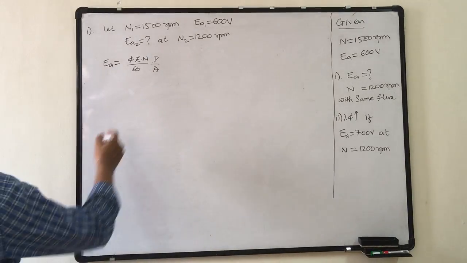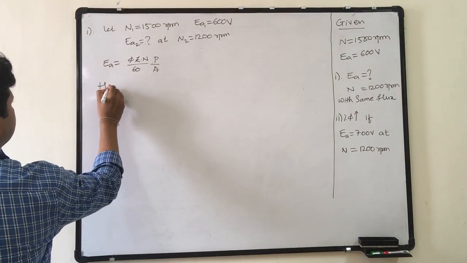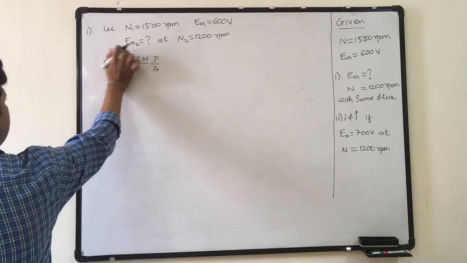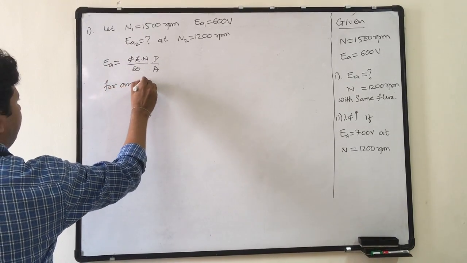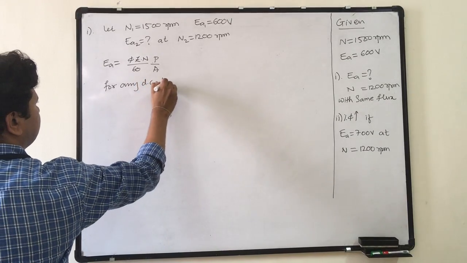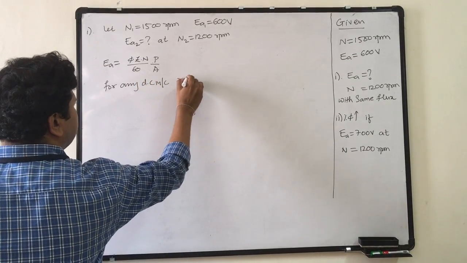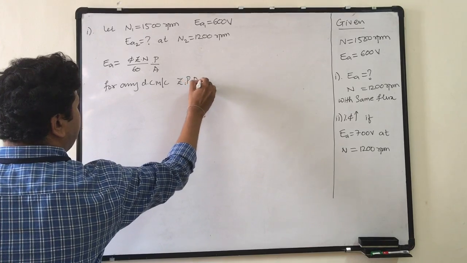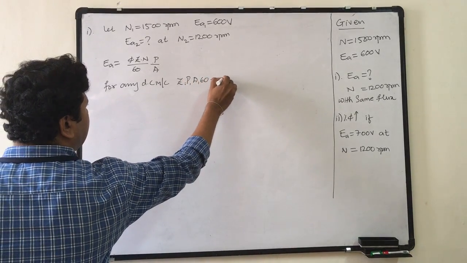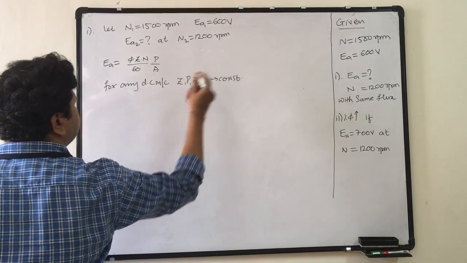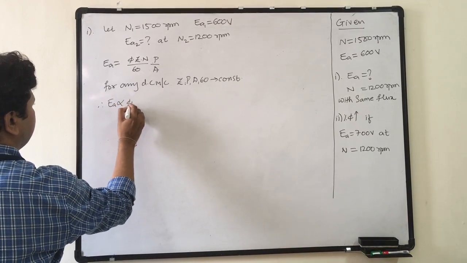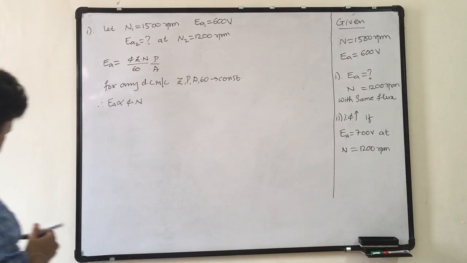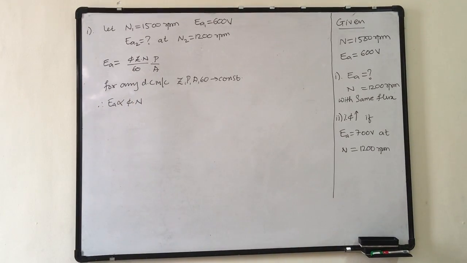So for any DC machine, Z, P, A and 60 are constant. Therefore, my EA is proportional to phi into N.